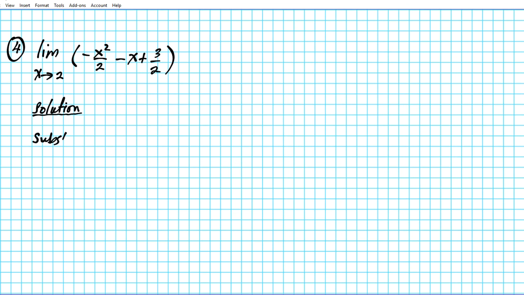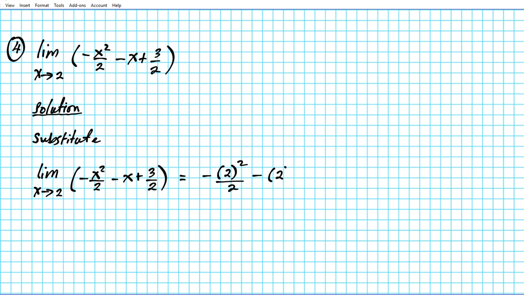We're going to substitute first. Okay? Alright, so let's carry out the substitution. We have the limit as x approaches 2 of negative x squared over 2 minus x plus 3 over 2. So if we carry out this substitution, we're going to have negative 2 squared over 2 minus 2 plus 3 over 2. Alright, so we have to deal with these fractions.